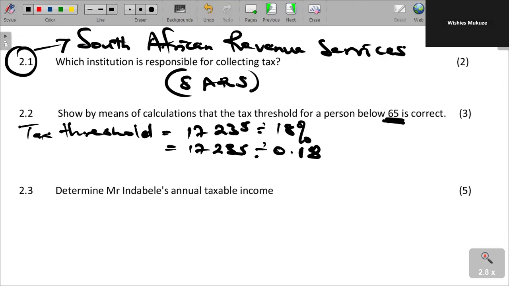When you divide those numbers, it is going to give you 95,750. The 95,750 is what you get when you calculate this.